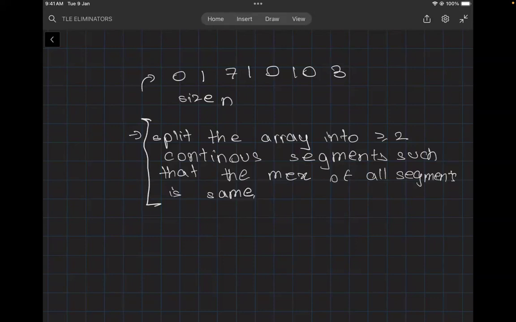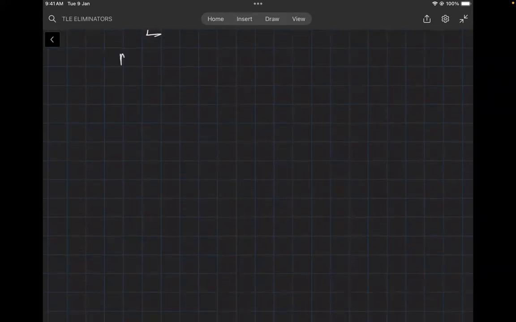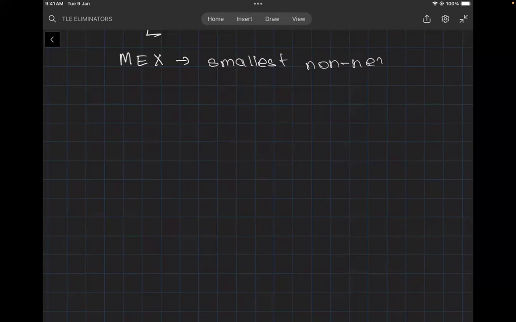Now, before moving on to how to solve this, let's discuss what max is. Max stands for the smallest non-negative number that is not present.